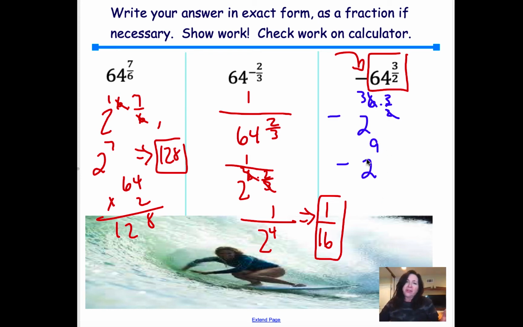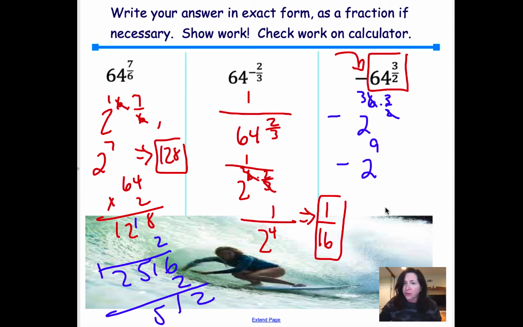We know that 2 to the 7th power is 128. Another 2 is 256. And then another 2 is going to give us 512. So this would be the opposite of 512, and that's your answer.